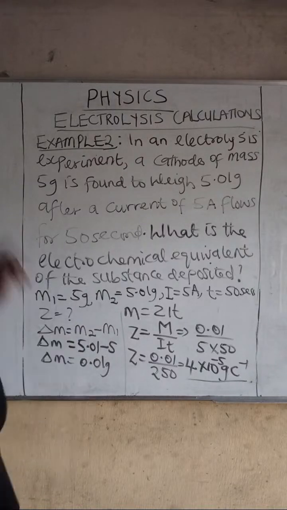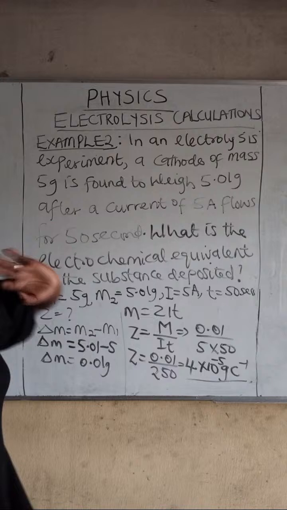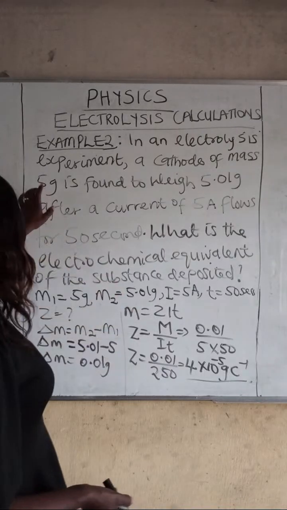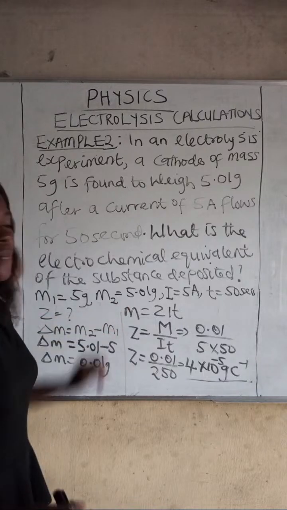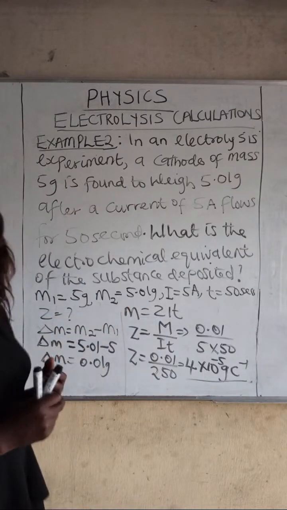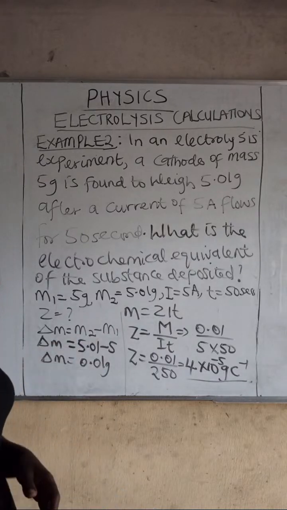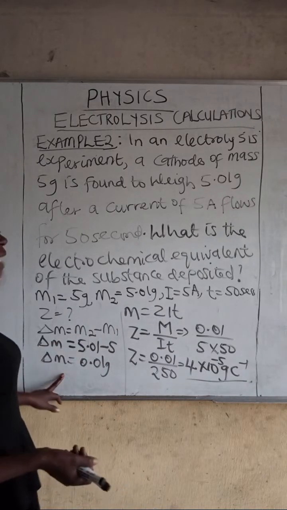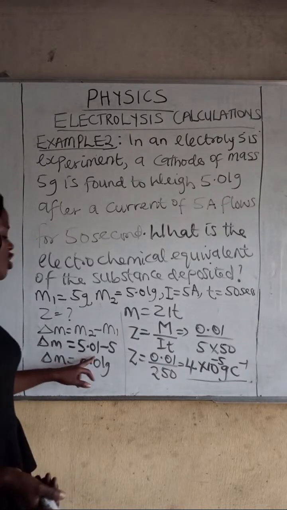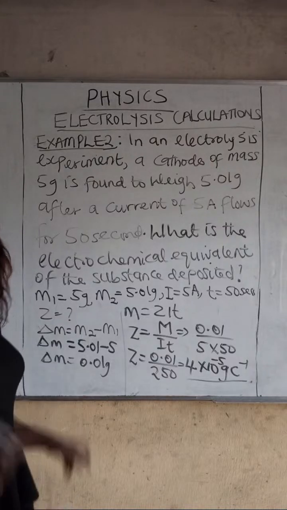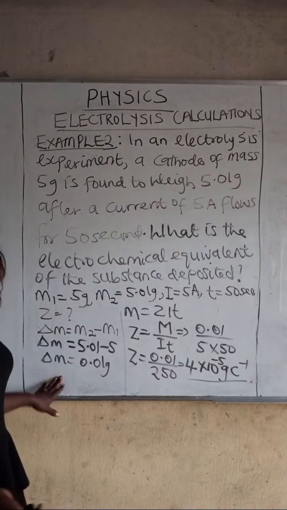Let me go back again. We are given two different masses, so we find the difference in the masses by saying change in mass is equal to M2 minus M1. That is 5.01 minus 5, which gives us 0.01 as my mass.